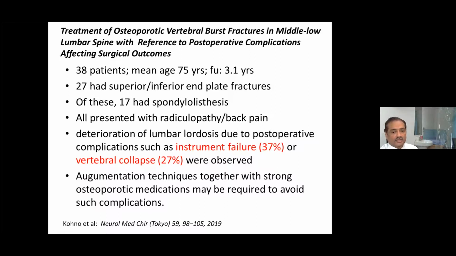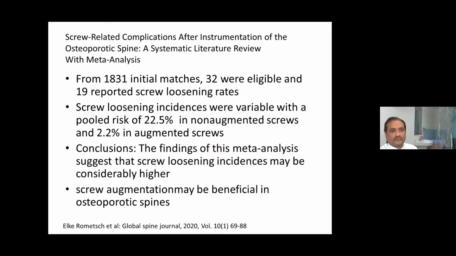These patients ideally require a good augmentation technique, because the loads in the lumbar spine are quite different compared to the thoracic spine. A meta-analysis and systematic review showed that out of 1,831 studies, 32 were found eligible, and 19 presented a screw loosening rate in patients with osteoporotic fractures.